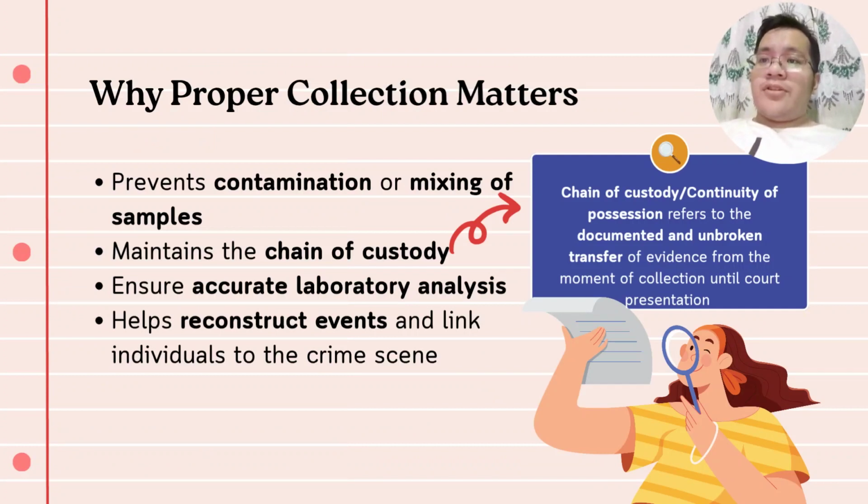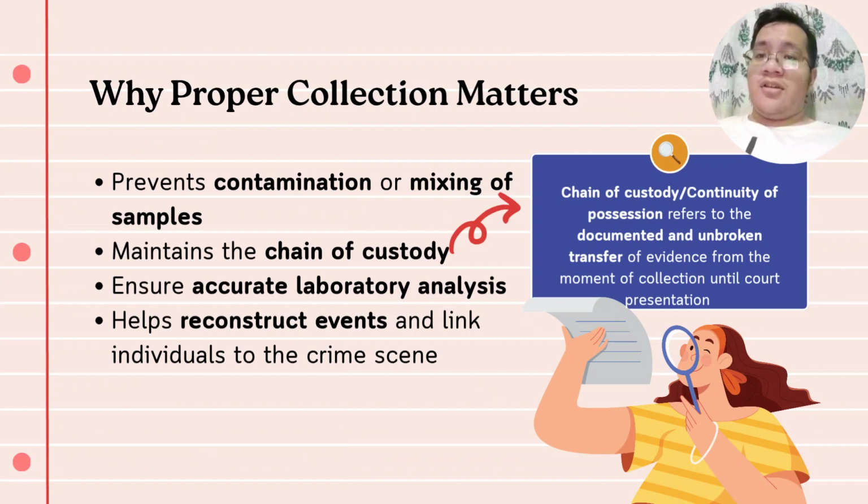Why does proper collection matter? Number one, it prevents contamination or mixing of samples, because once the sample is contaminated, it is already inadmissible, because the lab results will show different from what should be shown. It maintains the chain of custody, or the continuity of possession, which refers to the documented and unbroken transfer of the evidence from the moment of collection down to the court presentation.